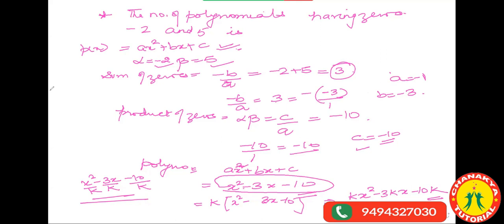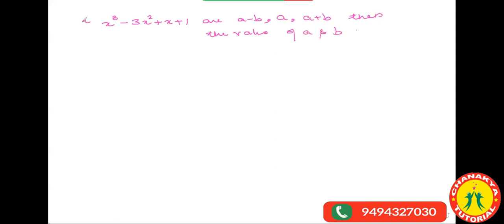If the zeros of the polynomial x cube minus 3x square plus x plus 1 are a minus b, a, a plus b, then find the value of a and b. Very easy. See, you have given this condition, if the zeros of.